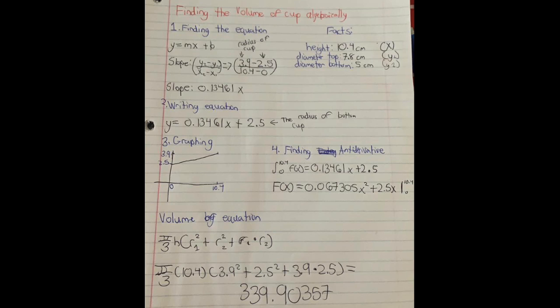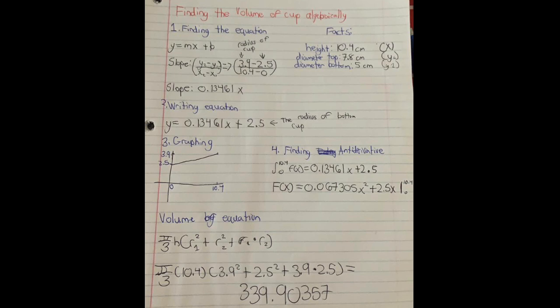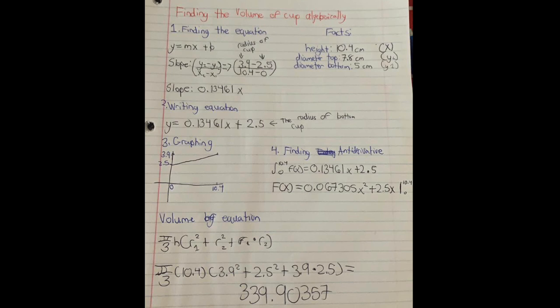So first we need to find the equation, which is y equals mx plus b, and then find the slope, which is y2 minus y1 divided by x2 minus x1. In this equation, the radii will be divided by 2, so as a result we will have 3.9 minus 2.5 divided by 10.4 minus 0.